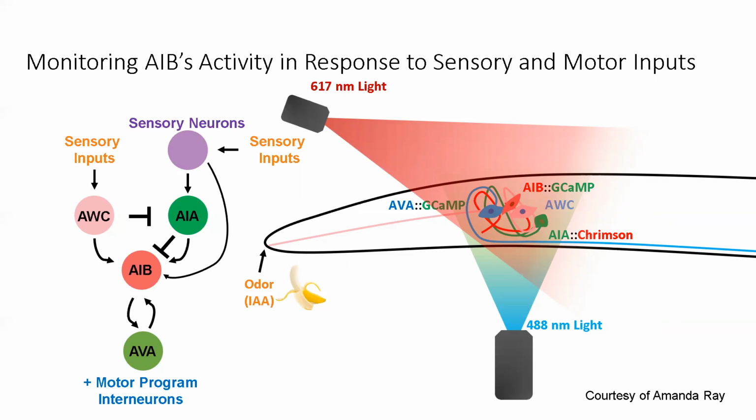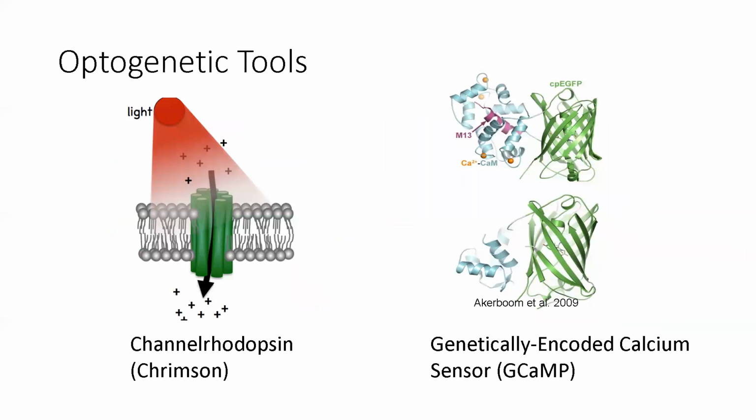At the same time that we're activating these neurons, we can record the behavior of these neurons, specifically their voltage activity, to see how they are reacting to these inputs. We also want to try doing the light and the odor at the same time. So these are some of the tools we're using to stimulate AIA and also record from all the neurons.